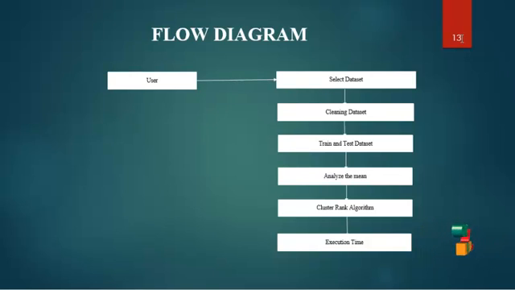So we specify the rank algorithm on the iris dataset, where iris is the eye disease dataset. So we are predicting the eye disease using the cluster rank algorithm. This algorithm is the important thing of this project. So we are predicting the cluster rank using the iris dataset, and finally we are computing the execution time of the overall process.